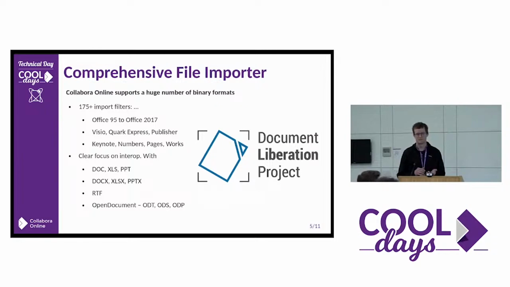Also, one very strong point for Collabora Online is that we build on the LibreOffice technology. LibreOffice itself has this sister project, the Document Liberation Project, where we can at least import very old, very obscure documents as well. And that's nice because then you can move those old documents to something more sane, like some newer format, and then you can do your editing there.